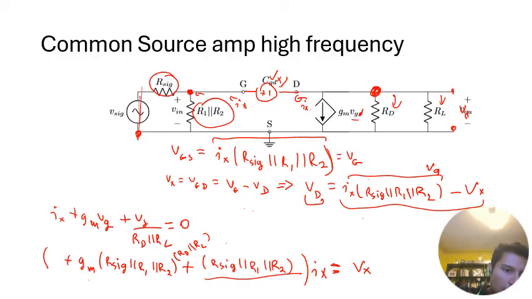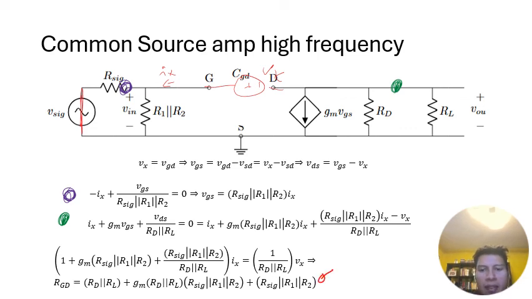And then there's going to be an RD parallel to RL. And then finally, we're going to divide out by Ix. And that's going to give us R Thevenin 1. So that's our R Thevenin GD. In the next slide, I do it more cleanly. So let's do that.